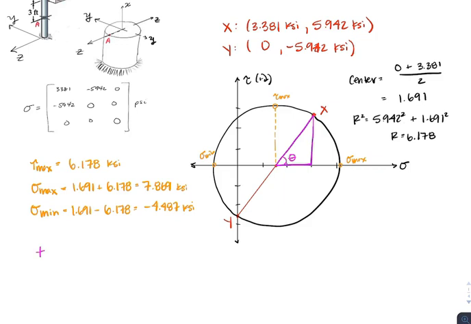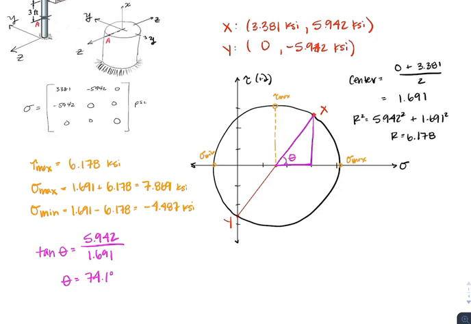If you take the tangent of theta, we know the two legs of our triangle, so it is equal to 5.942 over, excuse me, not 3.381, I meant the center, 1.691. Doing that should get you an angle equal to 74.1 degrees.